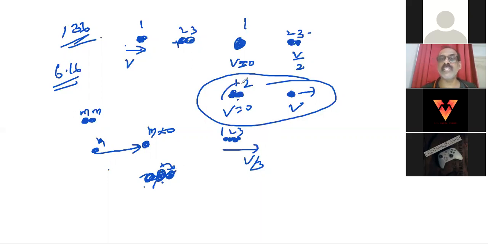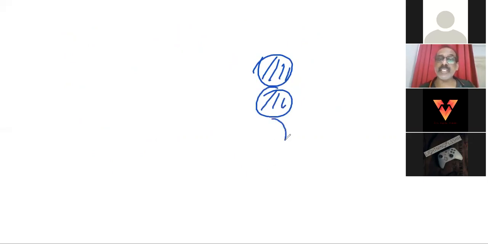So the first two will stay together, and the third one will travel with the common velocity. You can see this while playing carrom. Suppose you keep one coin there and hit exactly with the striker; you can see only this one will go.